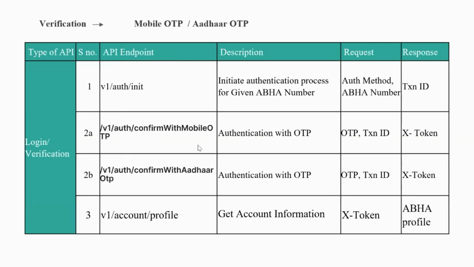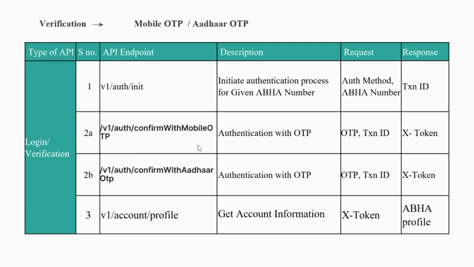The next method is if we are verifying using the Aadhaar OTP method. Here we would enter the same as mentioned in the last slide. First would be the Aadhaar number, then the auth method, which can be Aadhaar OTP or mobile OTP.